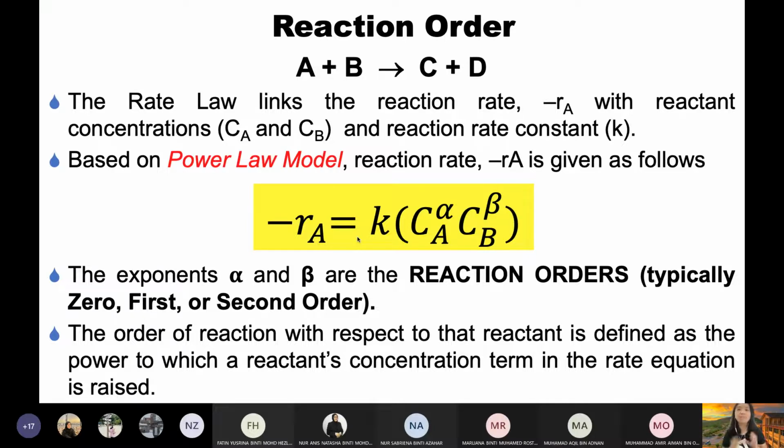Mechanism dia, reaction dia kita tak tahu. It can be oxidation, it can be a lot of type of reaction. Tapi konsep dia adalah combination of two of these molecules to form product. Sebab tu dia commonly either first order atau second order. Kalau third order, which is very unlikely, sebab third order tu melibatkan 3 molekul A yang combine, which is very unlikely lah. Normally memang either combination or decomposition.